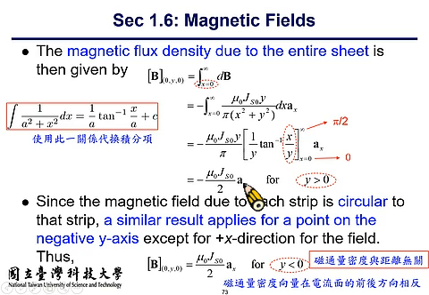It's a constant for any place or any observation point. The magnetic flux density is related to the material property, is proportional to the strength of the surface current, and is not related to the observation distance.